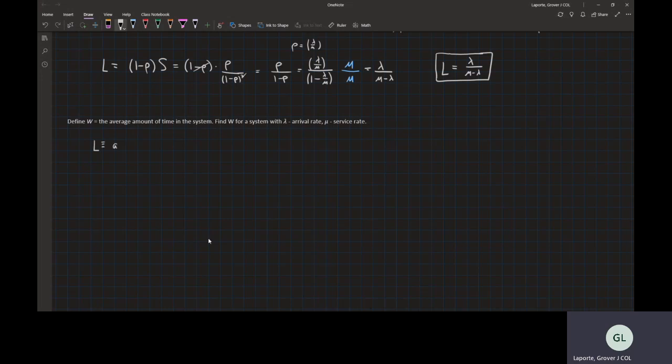L, again, is the average number of customers in the system. And lambda, in case you forgot, is the arrival rate of customers to the system.